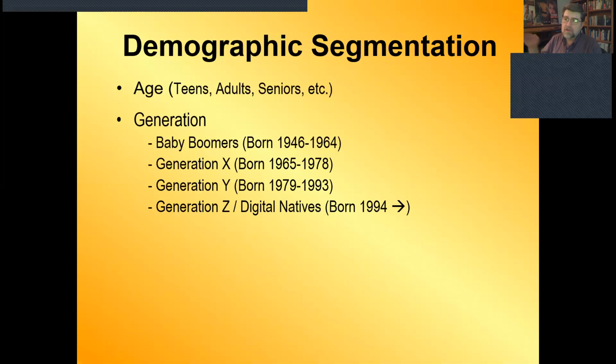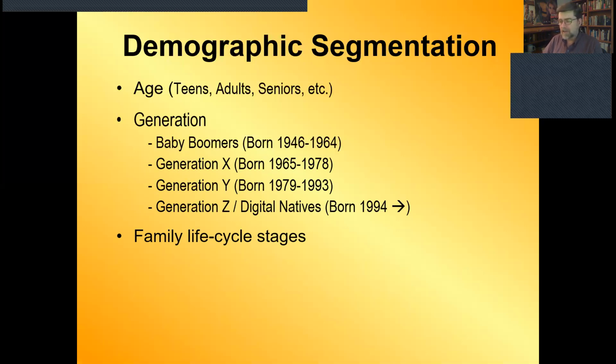It's this huge swell in birth rate, and for the next 50, 60, 70 years, marketers will be following this group as well. And it's not a surprise to anyone that people in different generations tend to prefer different types of products, different offerings.